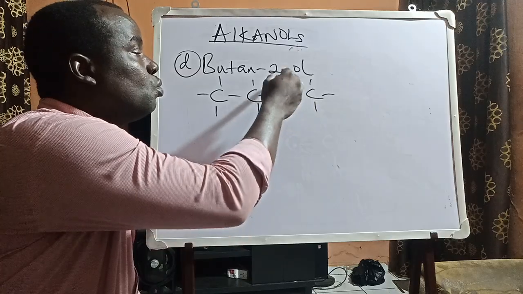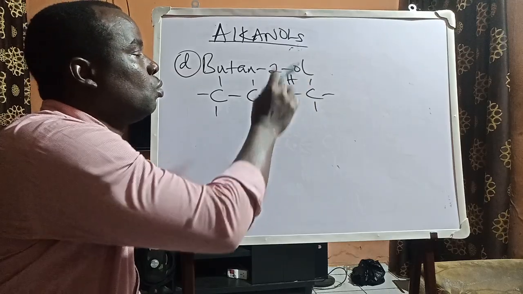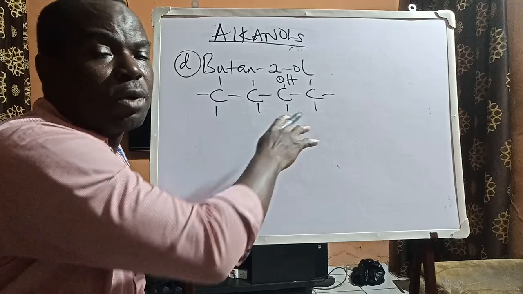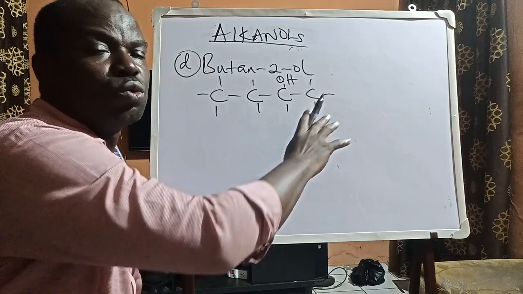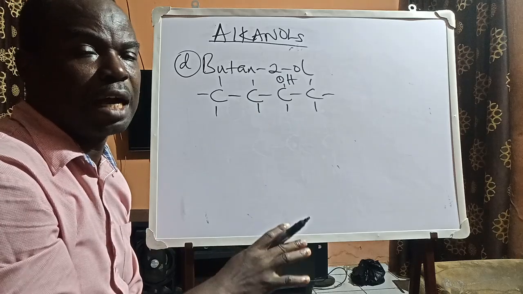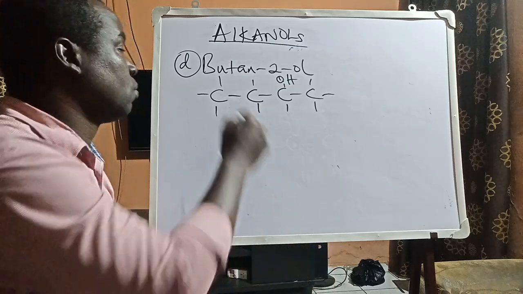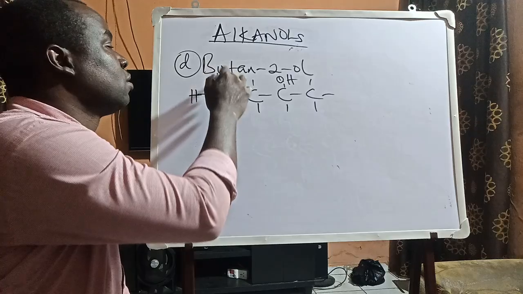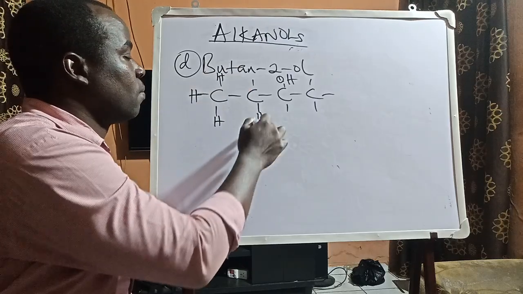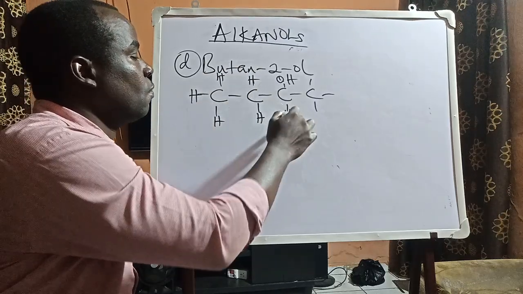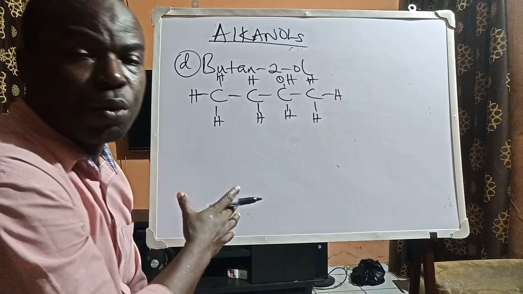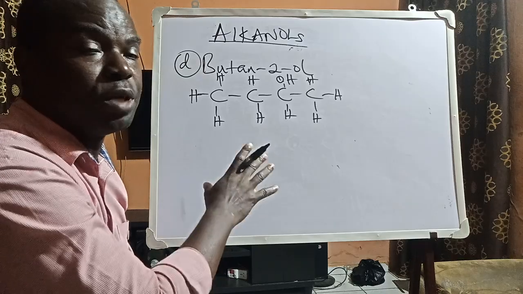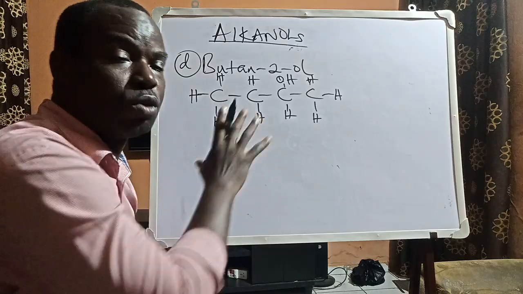Then you put the OH on the second carbon atom. Then the remaining bonds will now be occupied by hydrogen, like I taught you in the last video. So we have this. So you see what we have now. So it's complete. This is the Kekule structure.